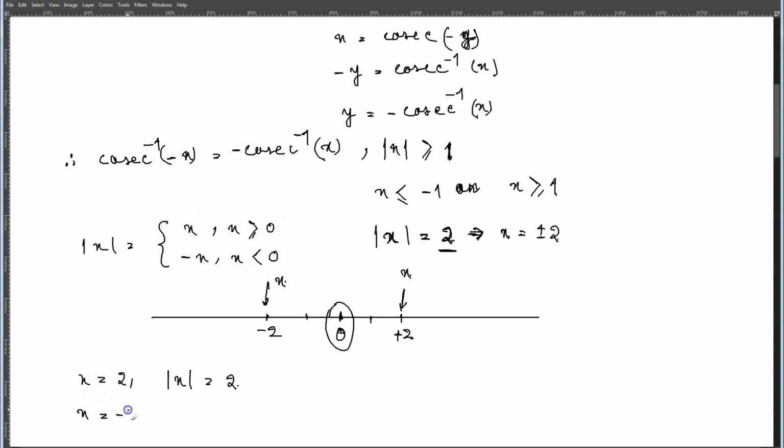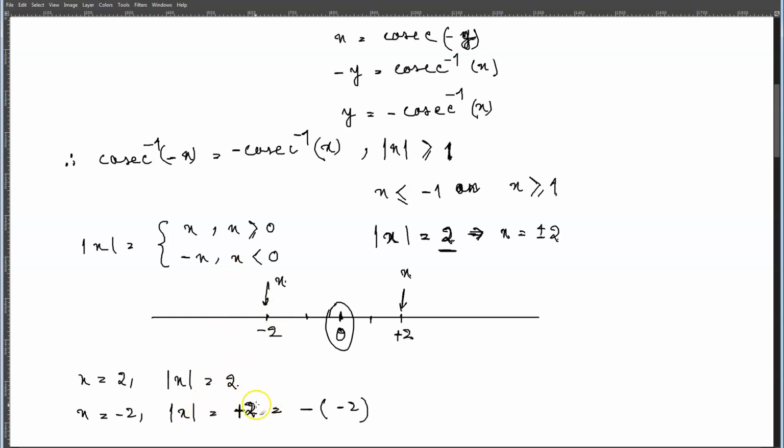And if x is equal to negative 2, again the absolute value of x is equal to 2, because negative of negative 2 is equal to positive 2, right?